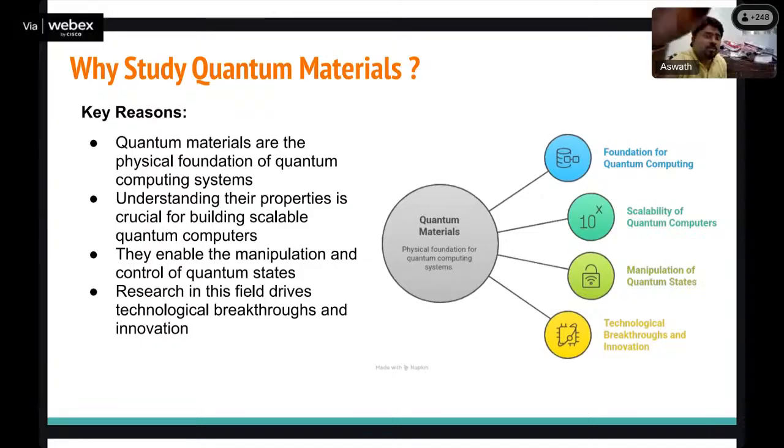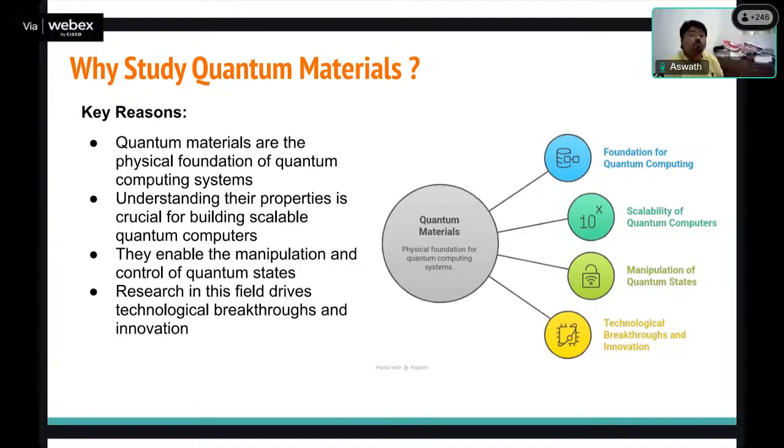There are four very important reasons. Number one, quantum materials are the physical foundation of quantum computing systems. Whatever quantum computing we are doing as of now, the qubits are involved. The qubits are prepared out of these quantum materials.